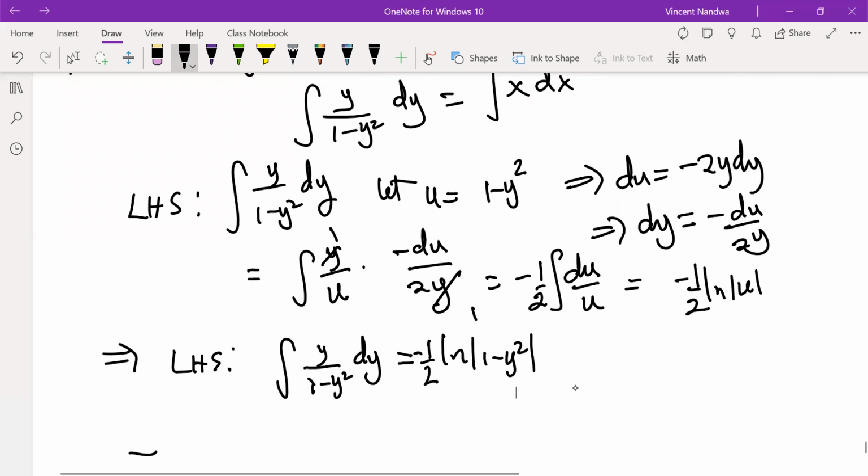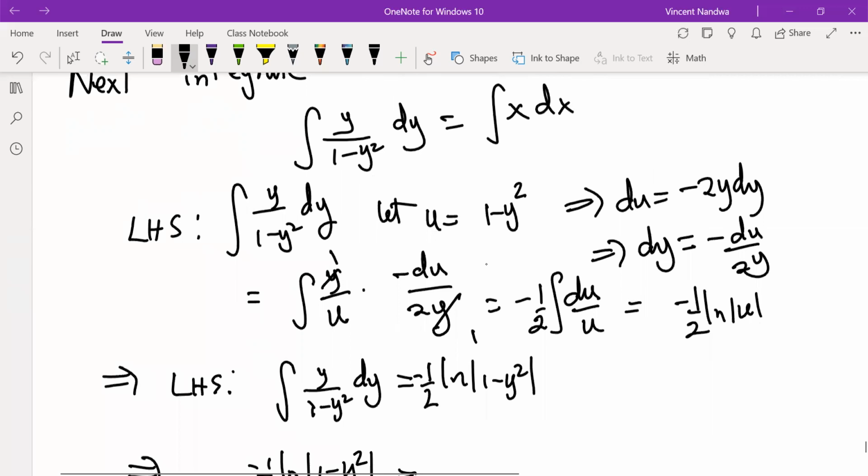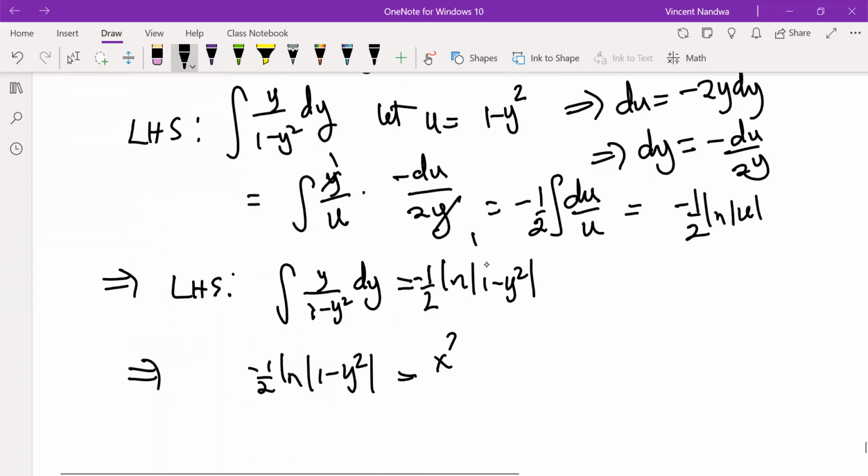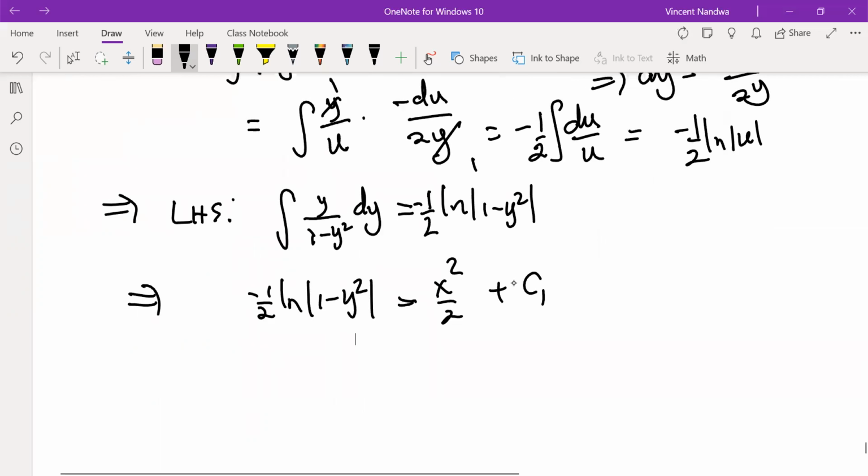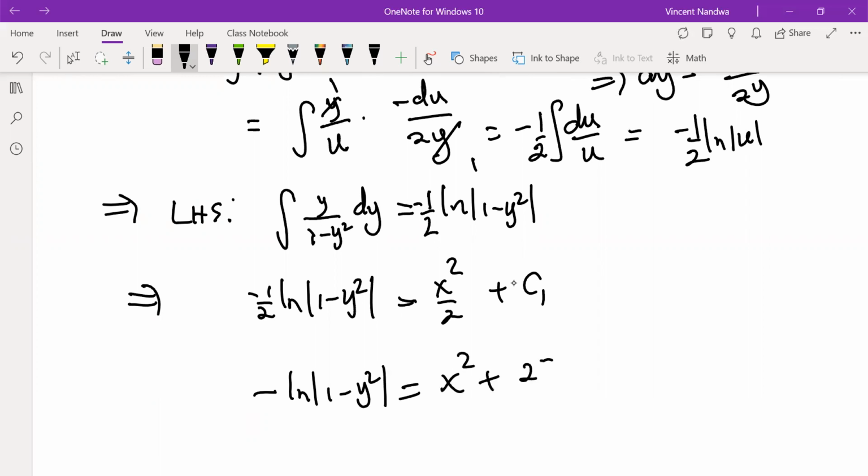So negative a half ln of 1 minus y squared equals the integral of x dx, which is x squared over 2 plus, say, c1. So multiplying through by 2, I'll have negative ln of 1 minus y squared equals x squared plus 2c1.